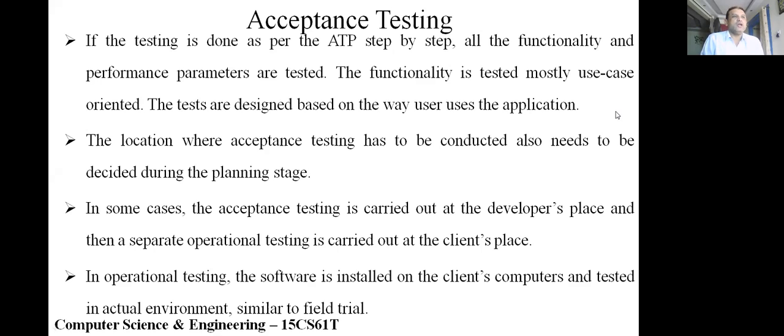When the client accepts the test plan, we test all the functionality and the non-functional parameters, such as performance and throughput. We check whether the software is meeting the requirements of the customer: in what way he wants to use it, what the purpose of the software is, and whether that purpose is fulfilled. That is what we call acceptance testing.